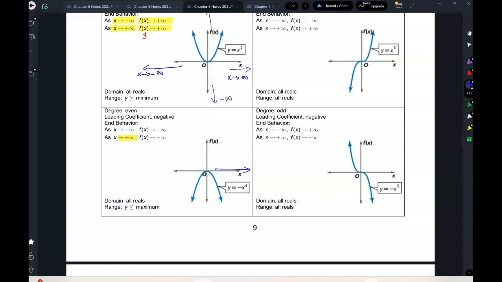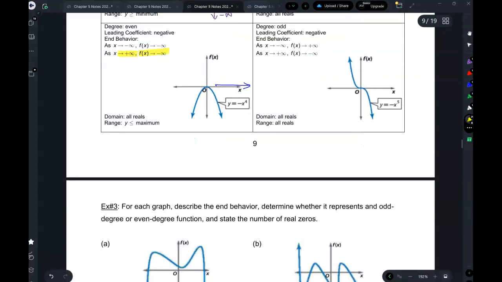Trace the graph with your finger. Vertically, is it going up or down? Down. Down is negative infinity, right? So we say f of x is going to negative infinity. Okay, now, as I go to the other side, as x approaches negative infinity, where is the graph going? Up or down? Down to negative infinity.